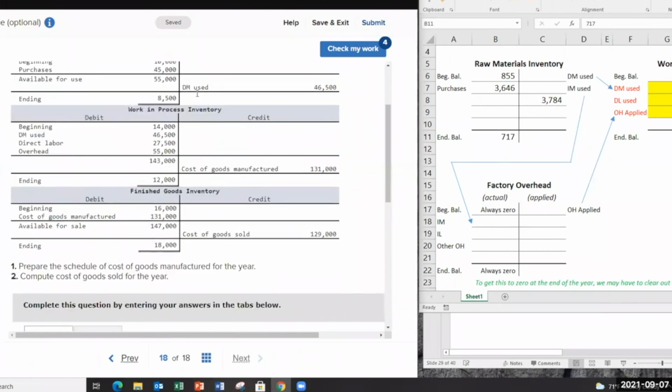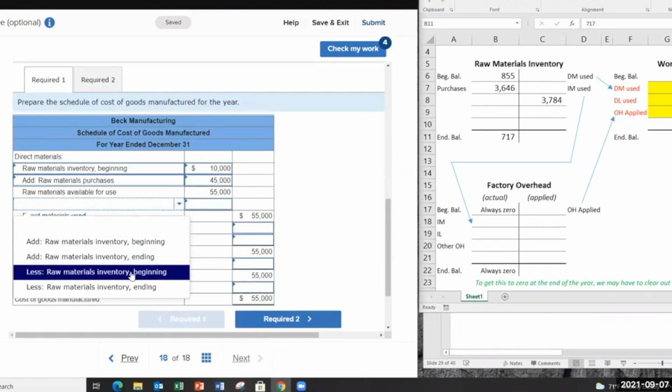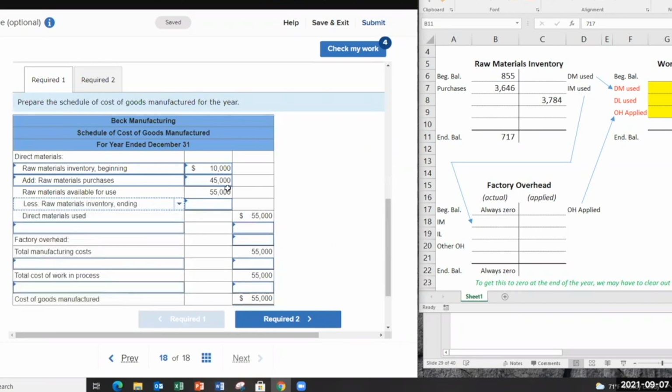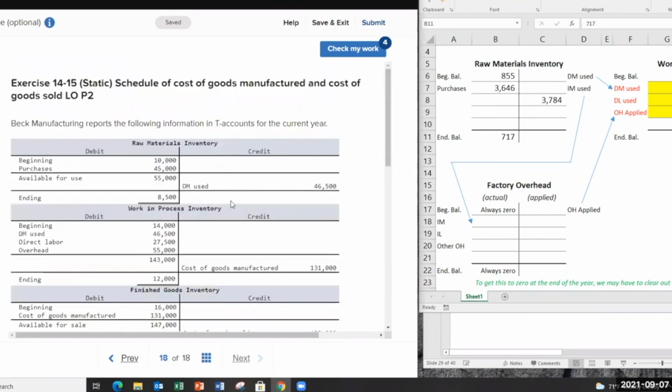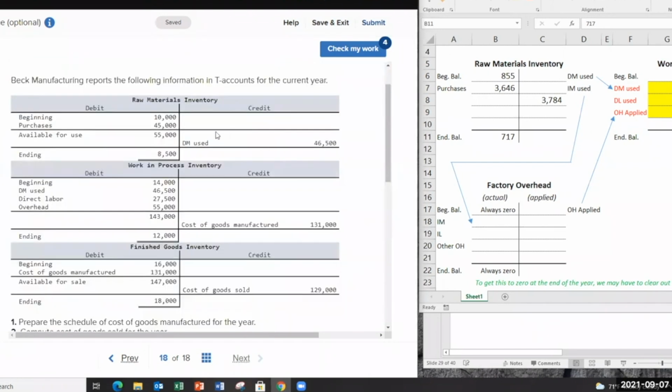Now, obviously, we know from the get-go how much direct materials were used, 46.5. They tell us right here, but they want us to show the steps. And then we're going to subtract the 8,500 to get to the 46,500. So less raw materials ending, 8,500. 46.5 is my direct materials used.